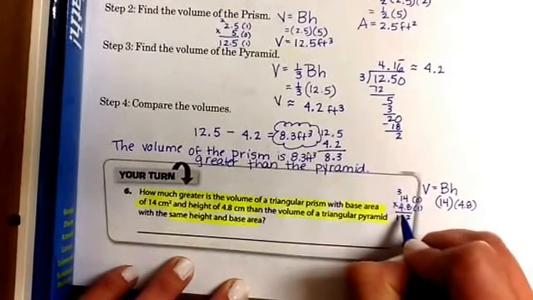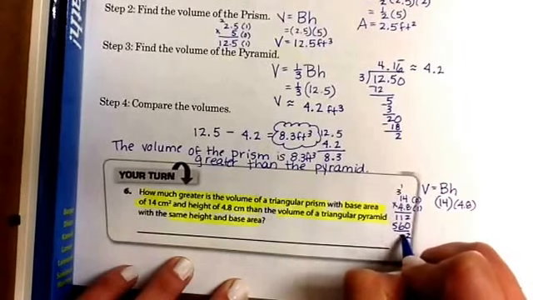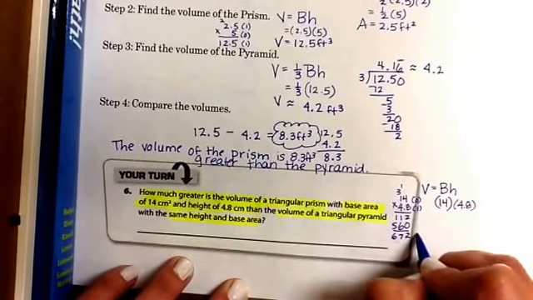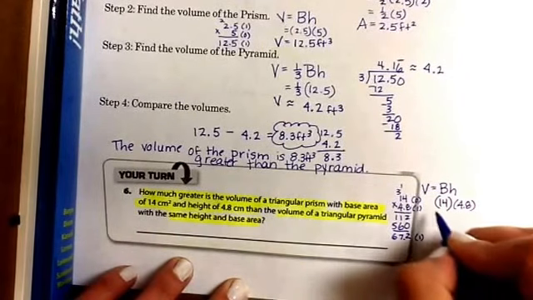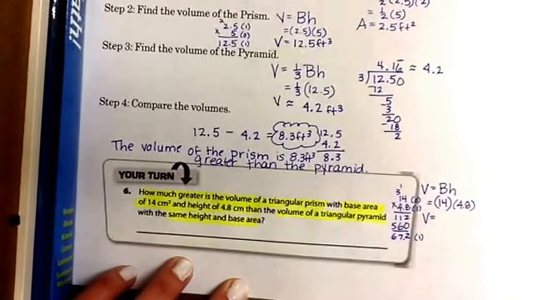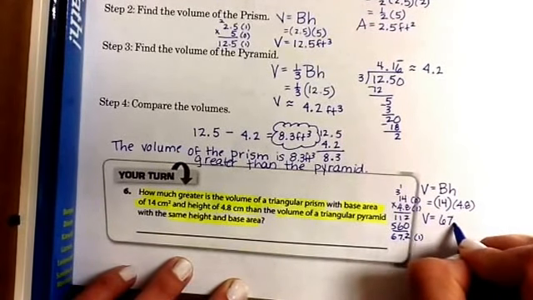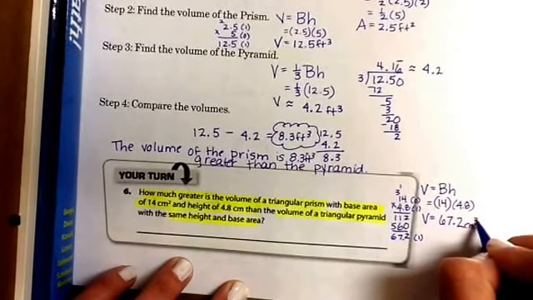That's 8, 11, skip a space, 16, 5, 2, 7, 6. We have one decimal place total, so don't forget to bring that decimal back in. You should have gotten for the volume of the prism 67 2/10 centimeters cubed.